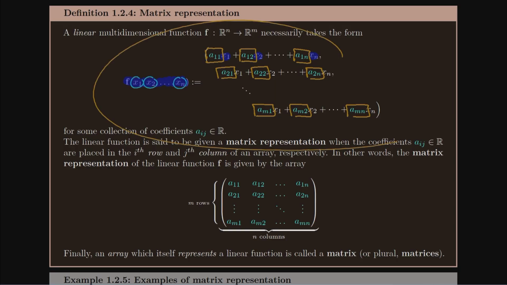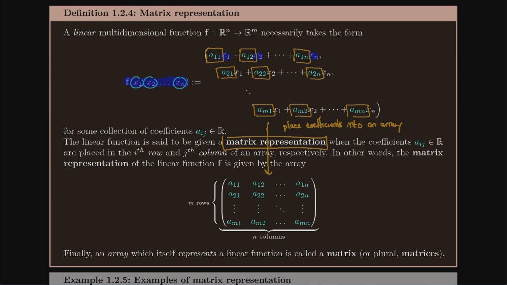I kind of hate having to represent everything as a function all the time. All I'm going to do to create a matrix or a matrix representation of my linear function is to place the coefficients into an array.